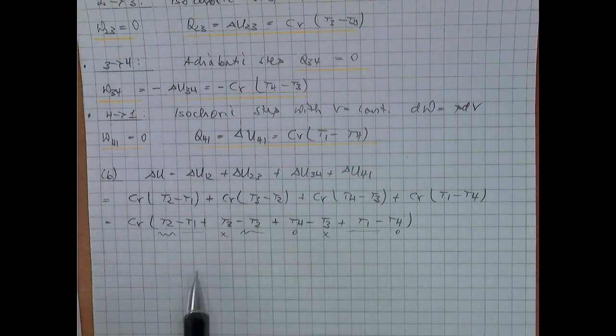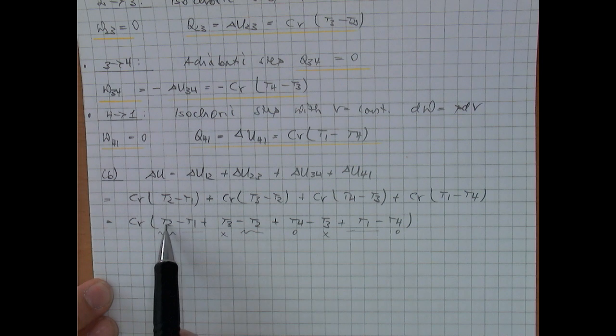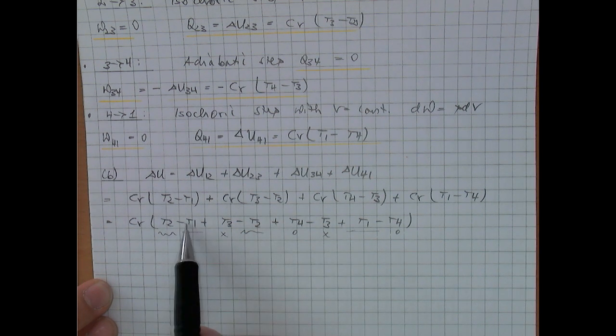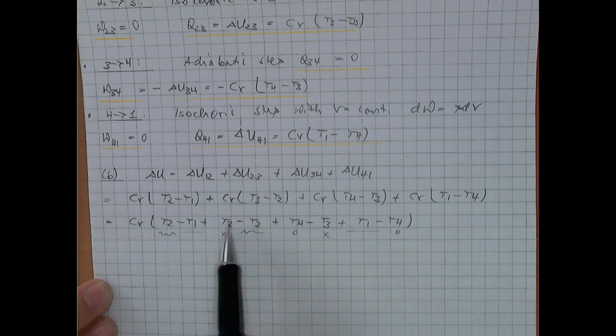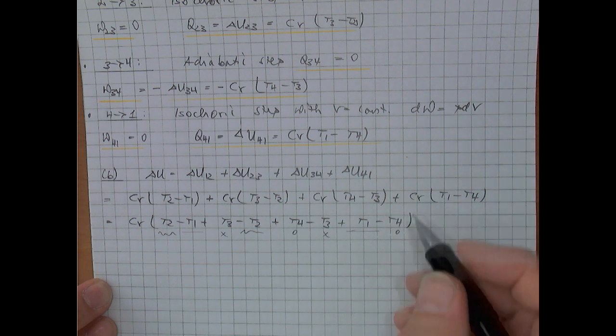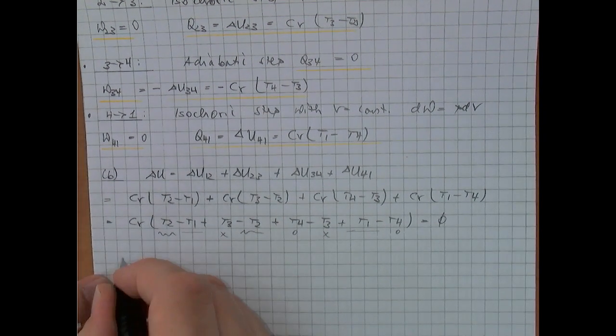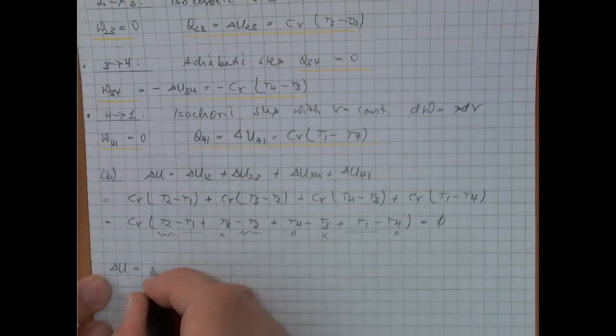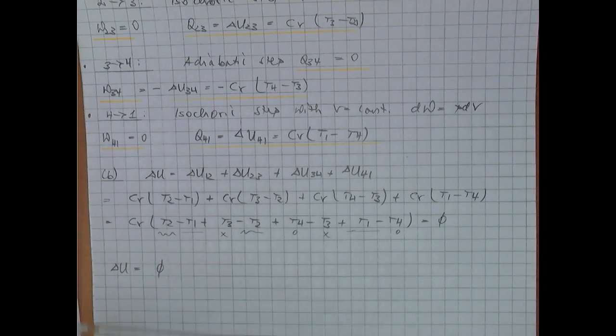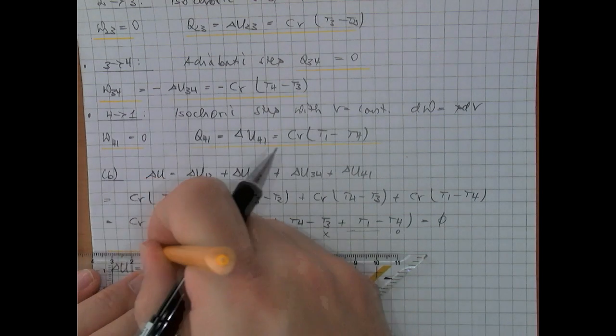And you immediately see that they all cancel. T2 minus T2, minus T1 plus T1, T3 minus T3, and T4 minus T4. So this is equal to overall 0. So therefore we show that delta U equals 0. So that's an important result.